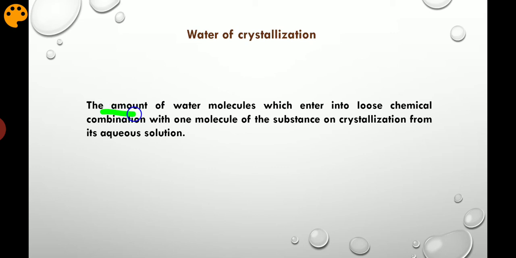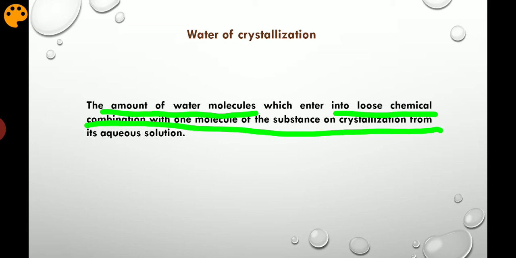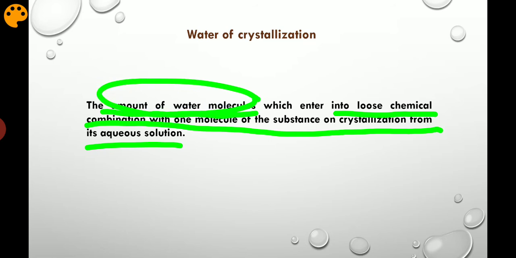So water of crystallization is the amount of water molecules which actually enter into the loose chemical combination with one molecule of the substance on crystallization from its aqueous solution. Clear?